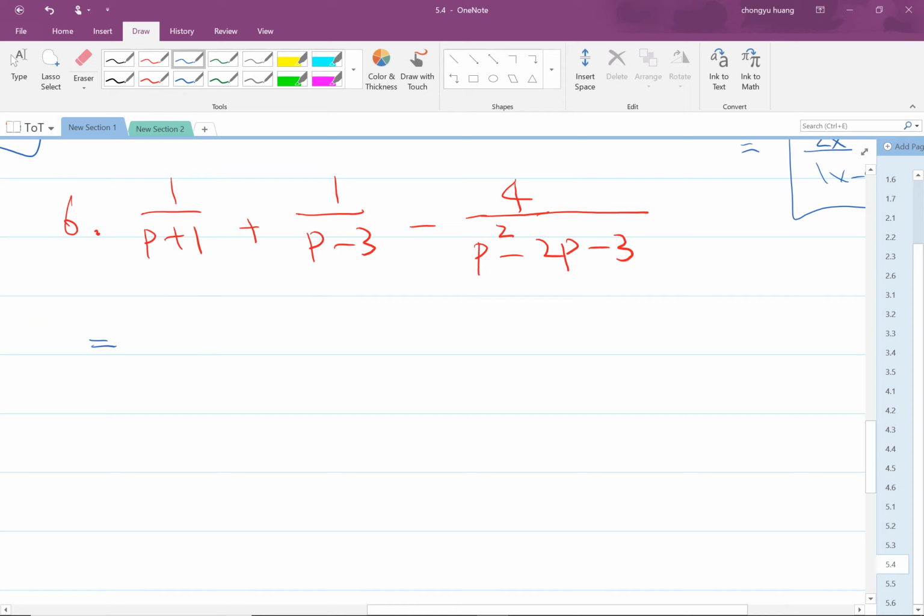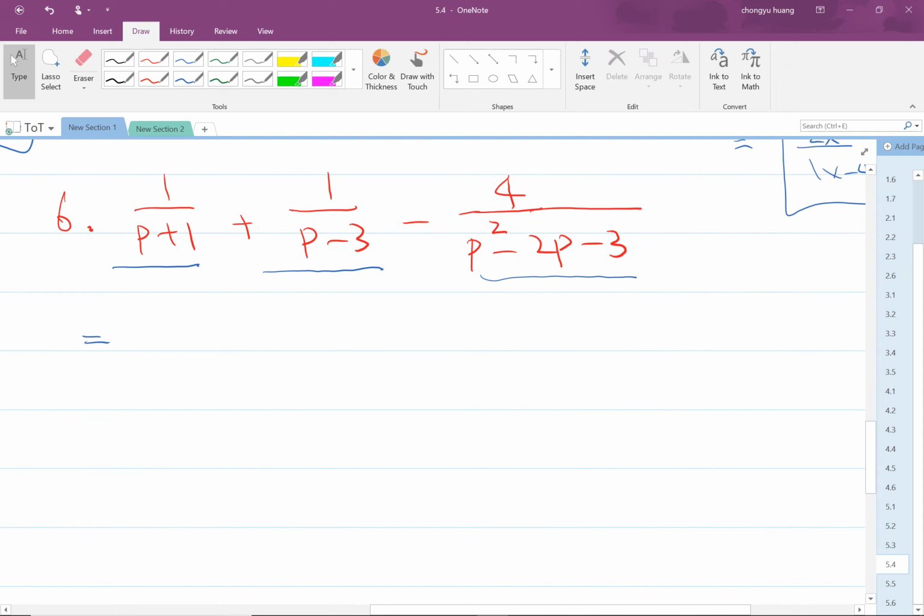Okay, so for this question, you can see we have p plus 1 and then p minus 3, right? The really important point over here, as I mentioned before, is that in order to find the LCD, the least common denominator, we need to have at least 2 terms. But here we have 3 terms.